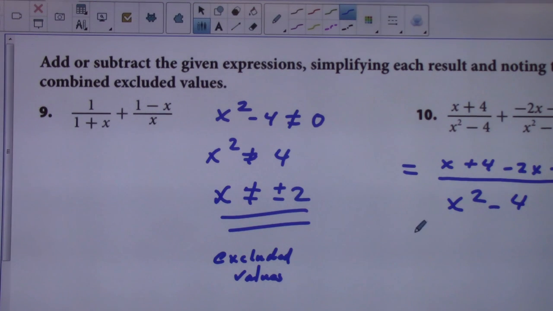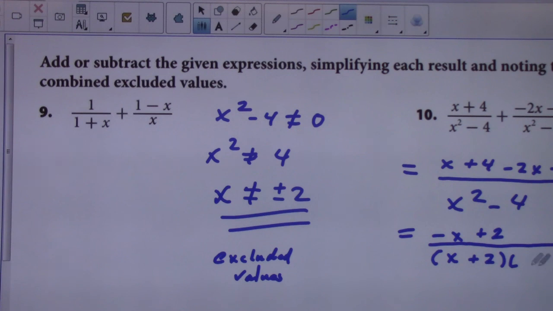And if we combine everything up here, what do we have? We have negative x plus 2. And down here, what's our factored form of x squared minus 4? It's x minus 2, x plus 2.